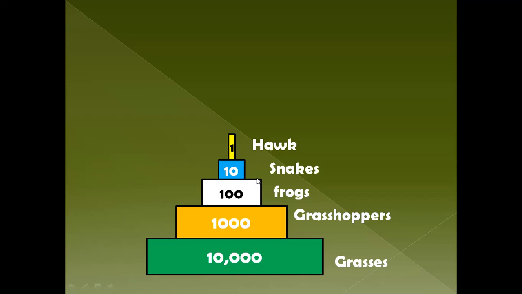Let's take up another example. Say 10,000 grasses on which 1,000 grasshoppers are feeding, and these 1,000 grasshoppers are the food for 100 frogs, and 100 frogs are the food for 10 snakes, and 10 snakes are food for one hawk, the top carnivore.